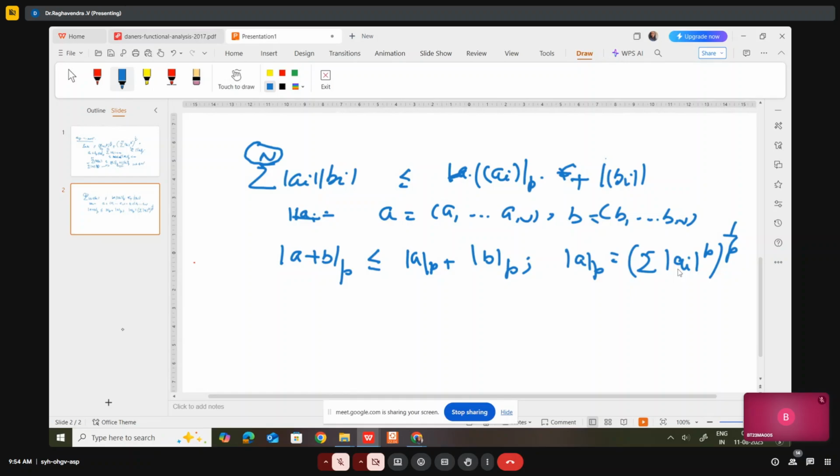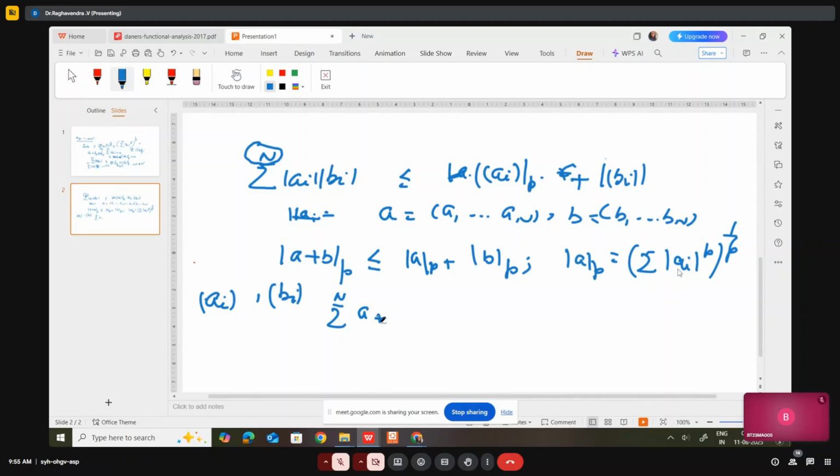Okay. What we had fixed here is that the number of components was n. Now what I am saying is that if you take ai as a sequence and a sequence bi, now you look at the finite sum up to n.